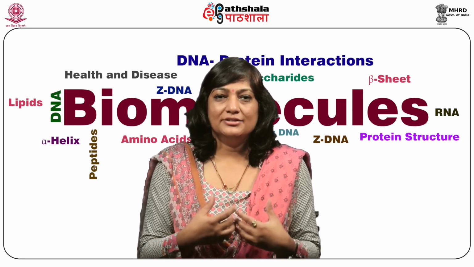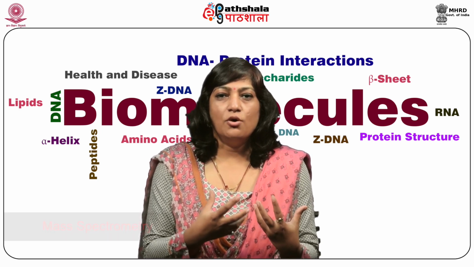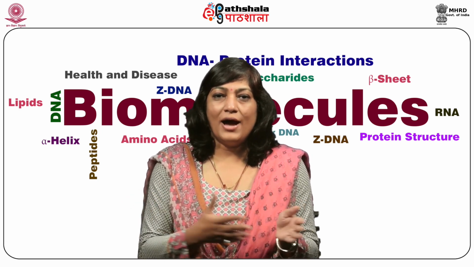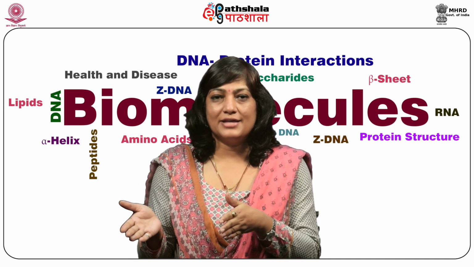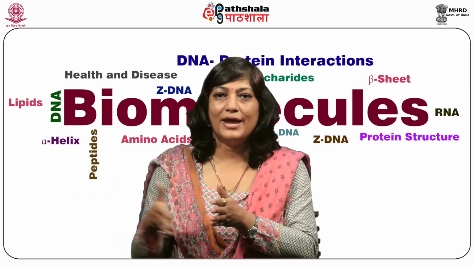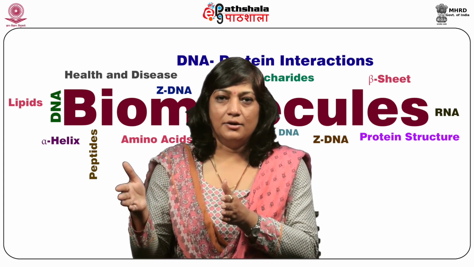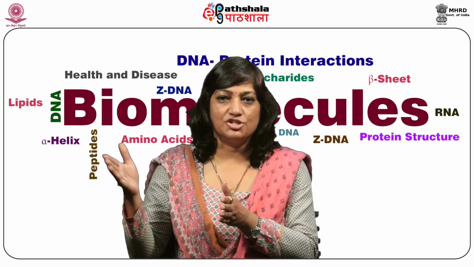So usually the gas liquid chromatography is attached or coupled to a mass spectrometer. So while the lipids are getting separated from gas liquid chromatography, they enter into the mass spectrometer where they are analyzed and identified by their unique fragmentation pattern.